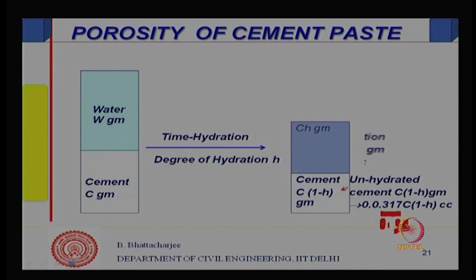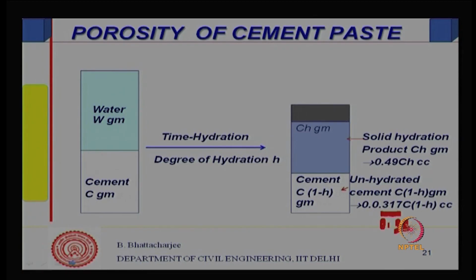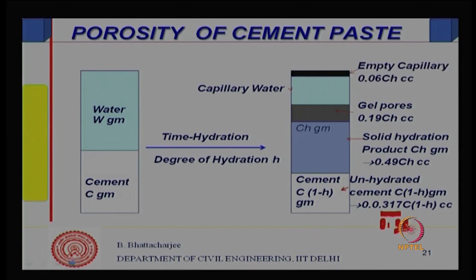This is the solid hydration product, which is 0.49 CH cc, that is what we have seen. This will be the corresponding gel pores, which is 0.19 CH cc, and some space of water still not filled by the material remains as capillaries, which we can call capillary water. And empty capillaries will be like this. So, this sums up whatever we have discussed.